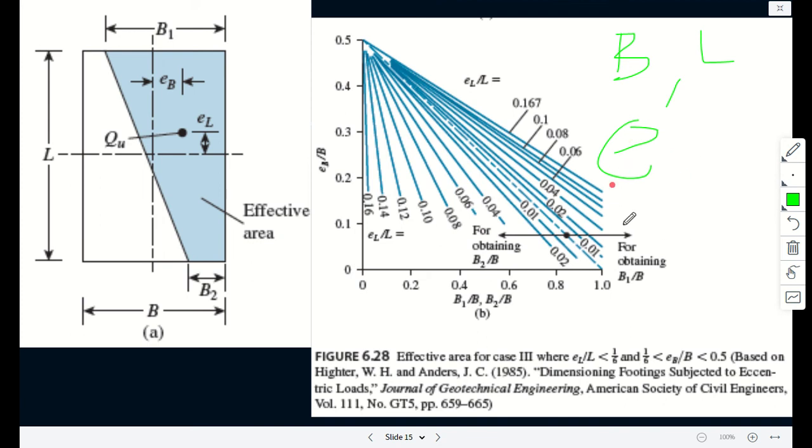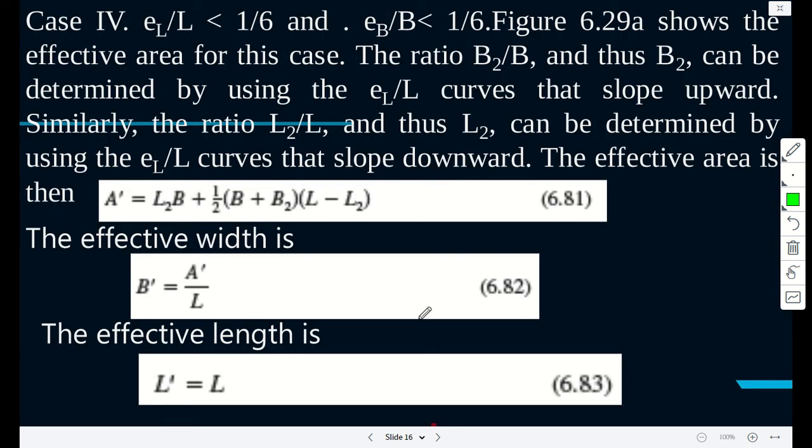So once you know this is E over B, you have the figure, so you can decide how much B1 or L2 is based on these dimensions.